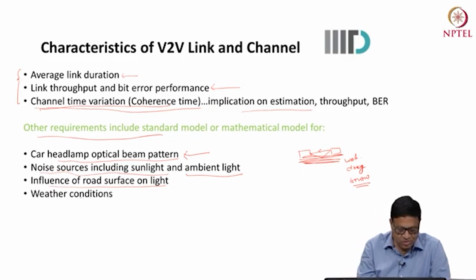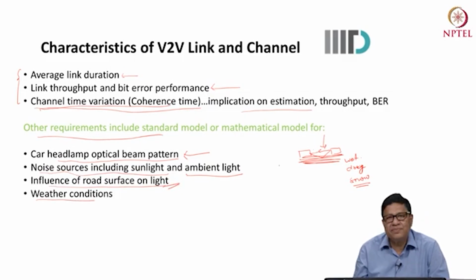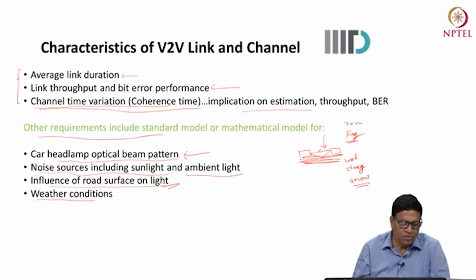So one needs to see the influence of road surface on the light and weather conditions. For example, if it is raining, or if there is fog, the light will get attenuated. So one has to model this as well. These are the other requirements which have to be modeled in order to find out the average link duration, the link throughput, and the typical coherence time.